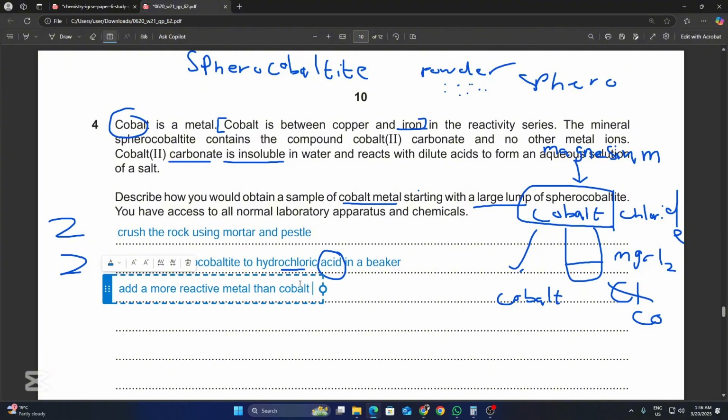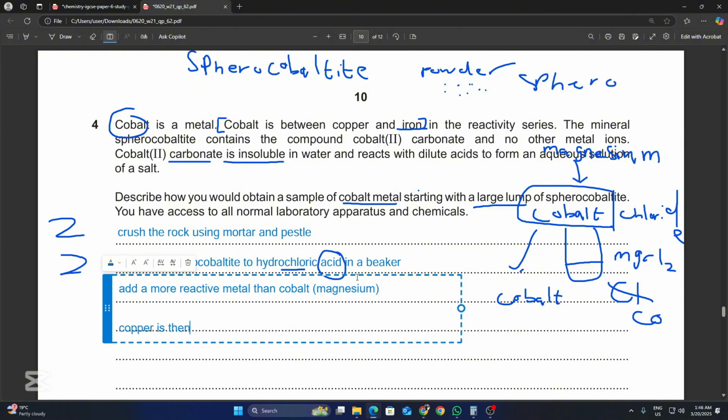You have to give an example, so I gave magnesium. I'm going to increase the size. So magnesium, and then you say cobalt is then displaced, which means it got pushed out by magnesium and it's on its own and can be collected.